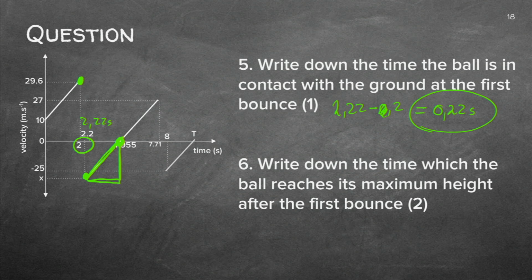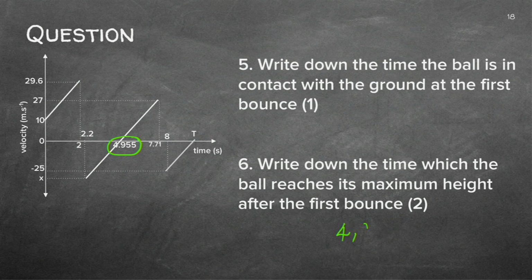So it's important for you to use then the time that it took. And you can see I now made that time, it was 4.955 seconds. That's the time it took to reach the maximum height.